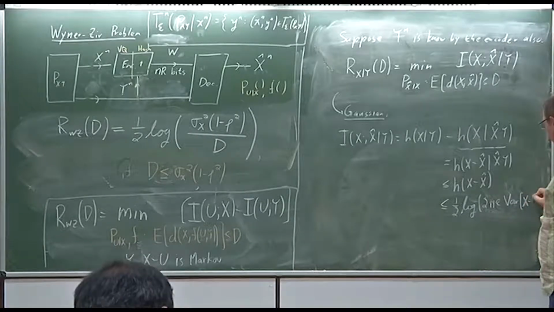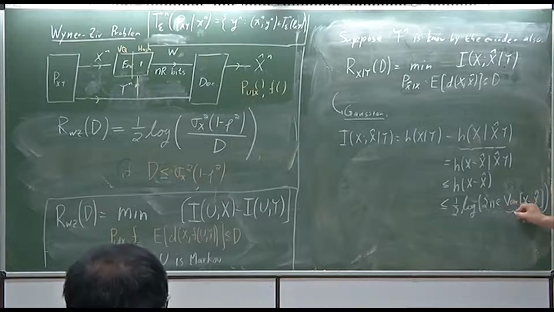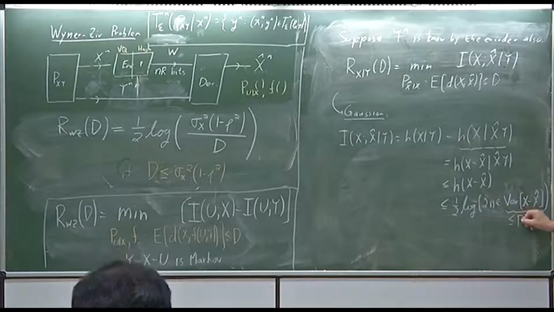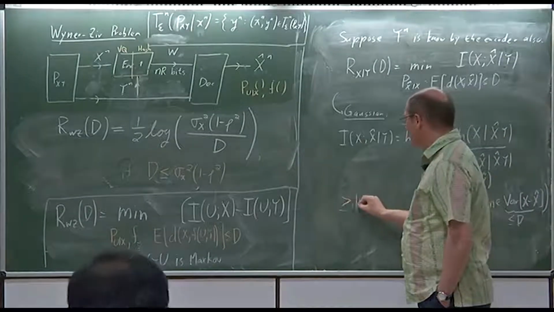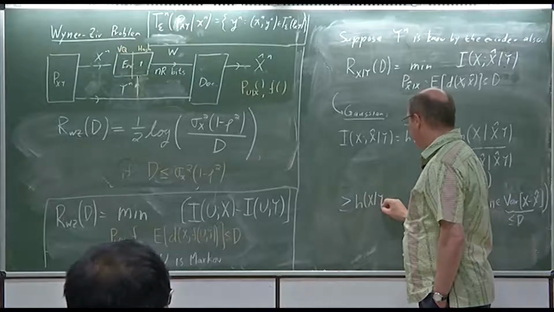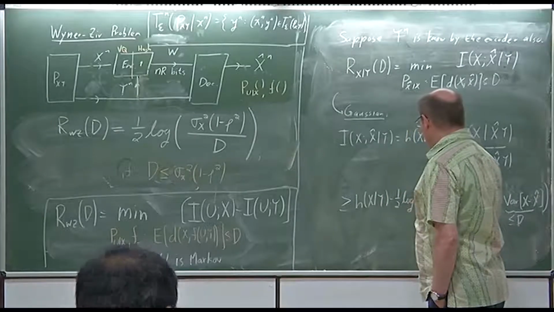Of course you can make it zero mean, and I know that this has to be less than or equal to d. So this whole thing has to be bigger than h of x given y minus 1/2 log 2 pi e d, and I'm done.